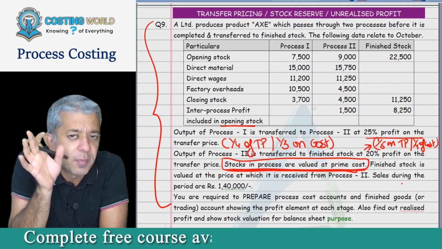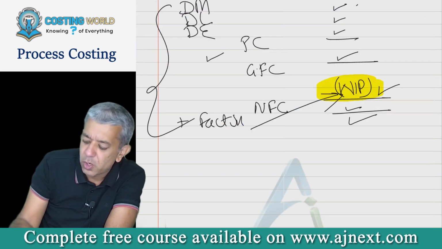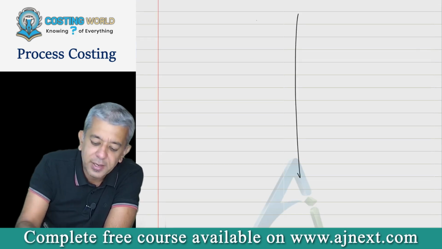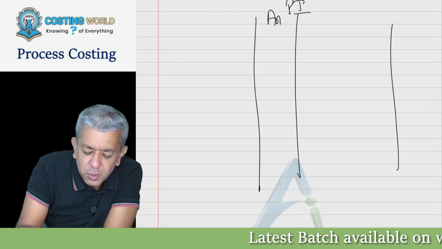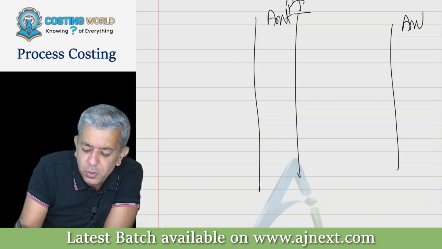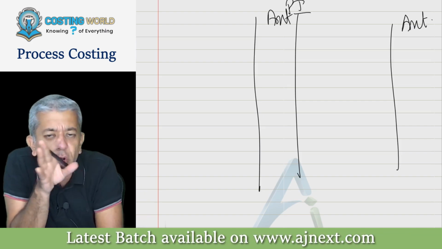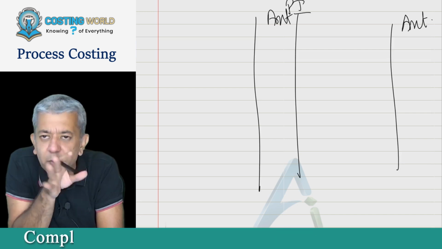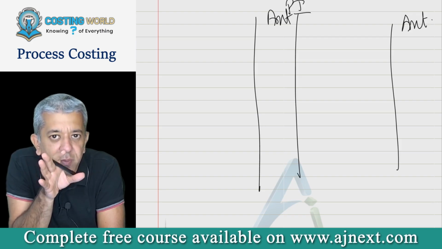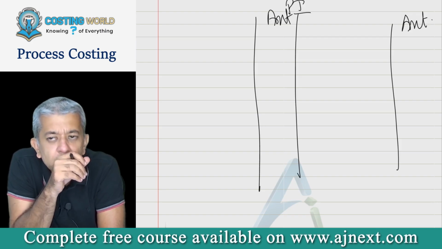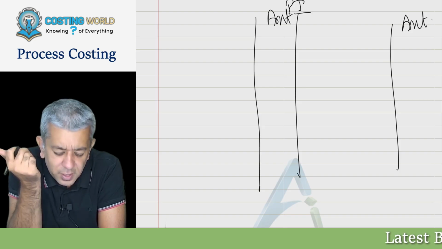Only thing that I'm trying to be preparing is amount column. Okay, please just hold on, don't write anything. So therefore, I'm trying to prepare process 1 account, only amount column because the quantities are no longer there also. Can you say there is no normal loss, abnormal loss or abnormal gain? All those words are also not there. Quantities are also not there. That's okay for everybody? Yes, sir. So even like, those particular concepts will not be coming.